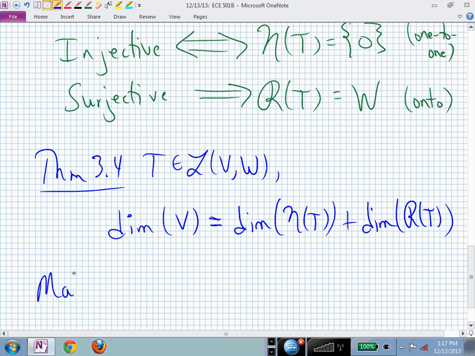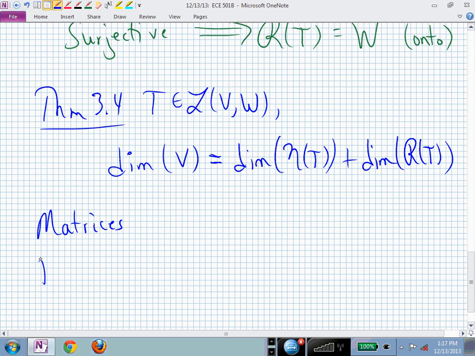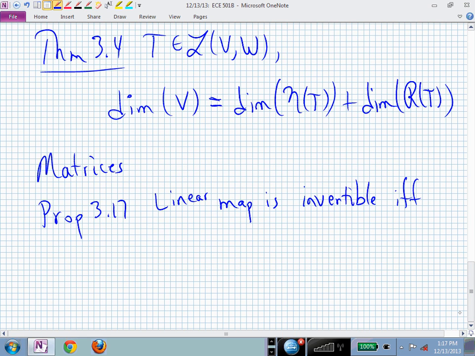Also, when we start talking about matrices as linear maps, we also looked at proposition 17 in chapter 3, which says that a linear map is invertible if and only if it is injective and surjective.